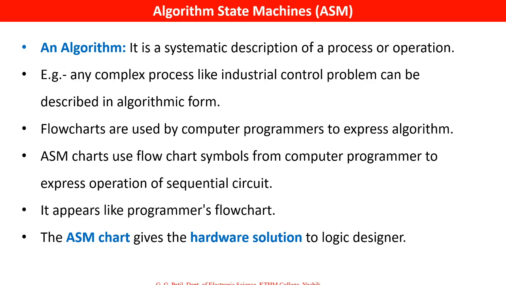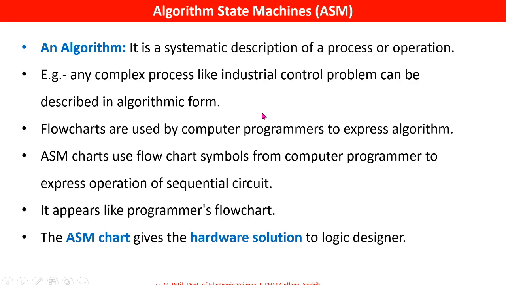Next is the algorithmic state machine. As we know, an algorithm is the systematic description of a process or operation. For example, any complex process like an industrial control problem can be described in algorithmic form. We have also studied the algorithm in programming languages like C programming, or in microcontroller programming.